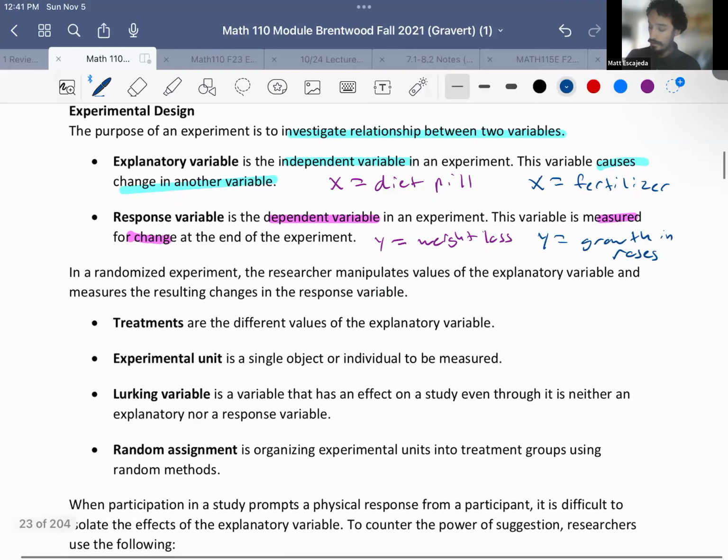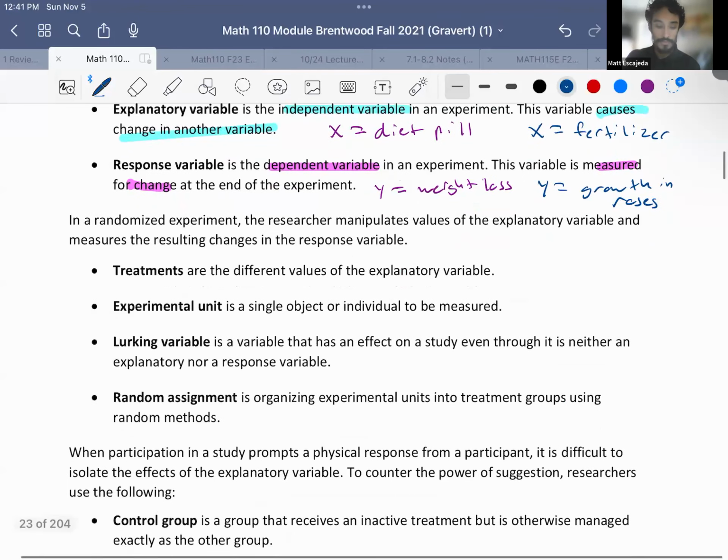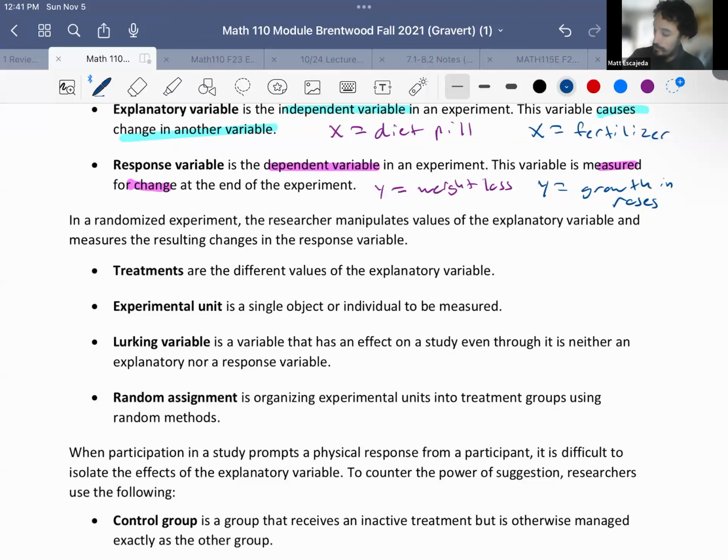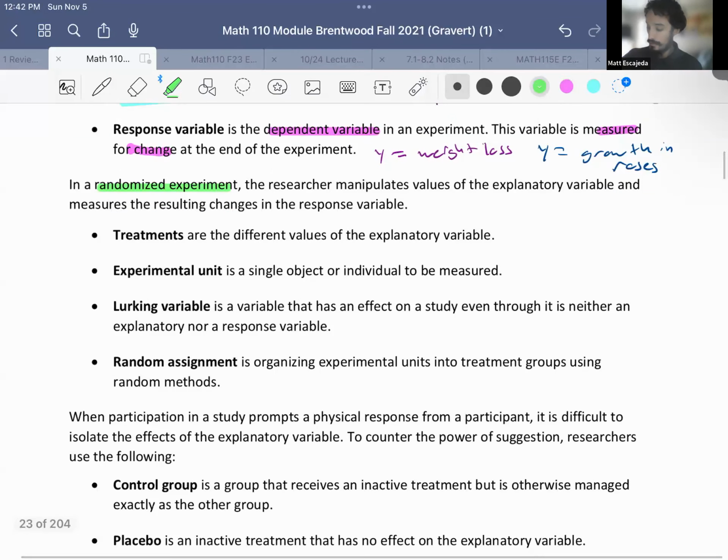So let's keep going. So in the randomized experiment, the researcher manipulates values of the explanatory variable and measures the resulting changes in the response variable. Okay, so here is some new vocabulary in terms of a randomized experiment. Okay, so treatments. Treatments are the different values of the explanatory variable.